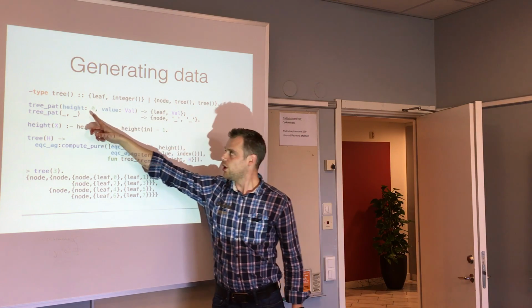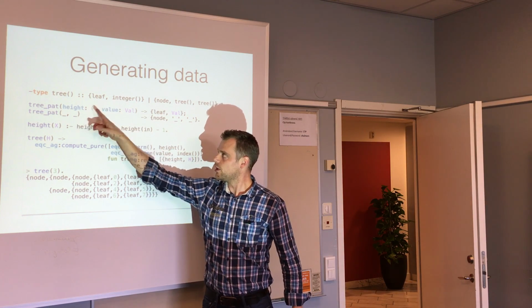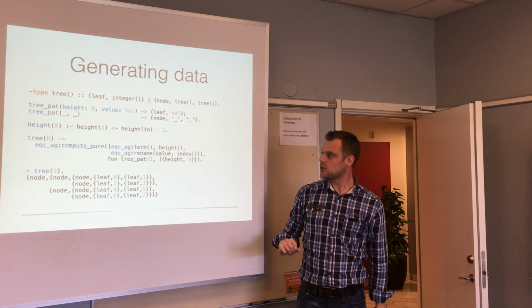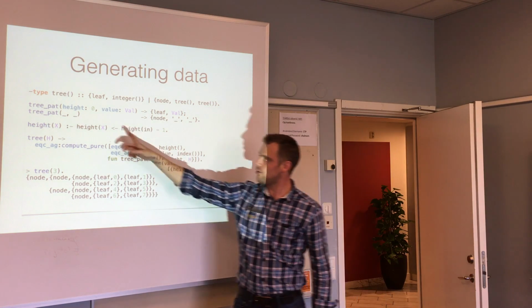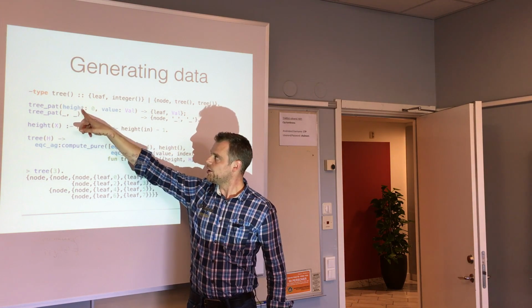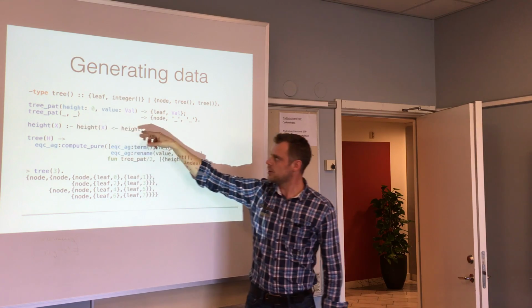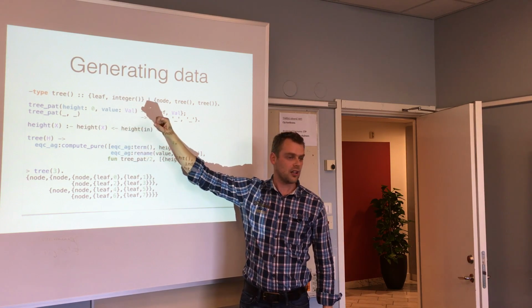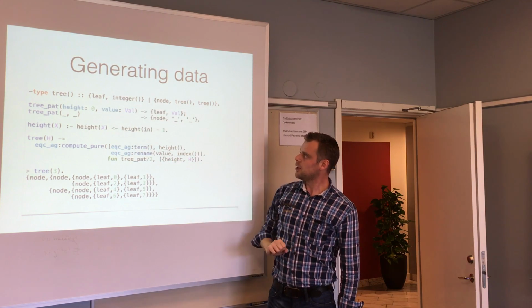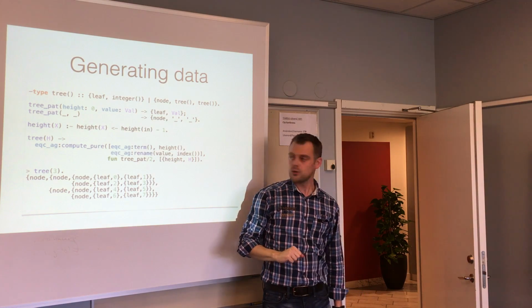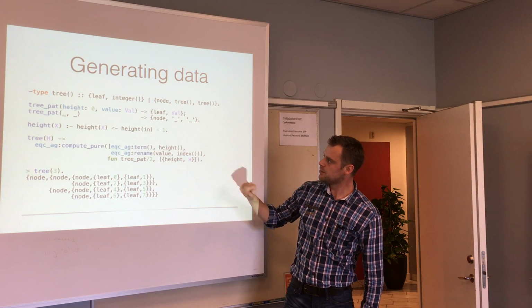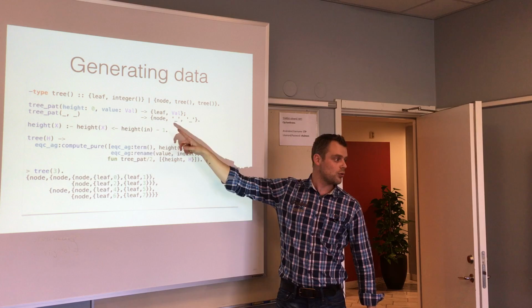These are labeled inputs with attribute names. If the attribute height is 0 and we have an attribute with value val, then we return a leaf with that value. Otherwise, we return a node with 2 placeholders.